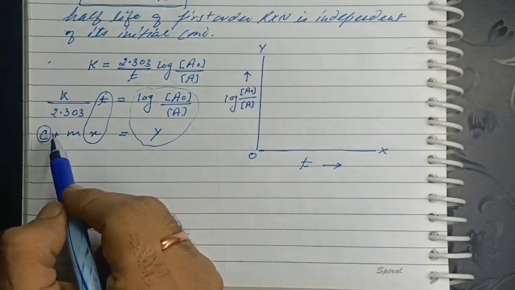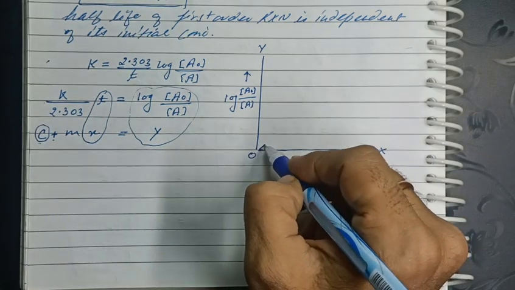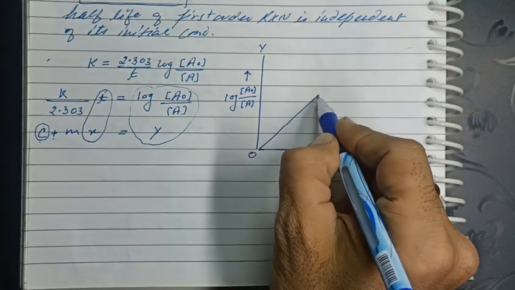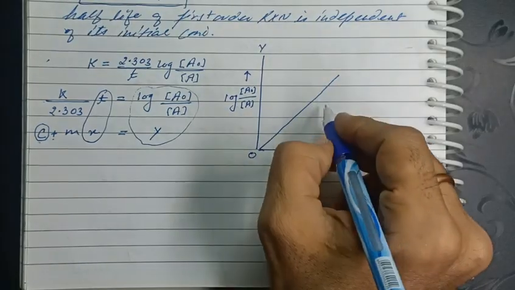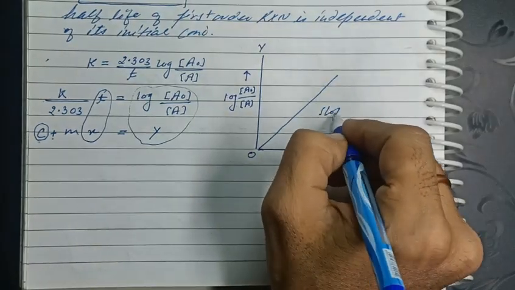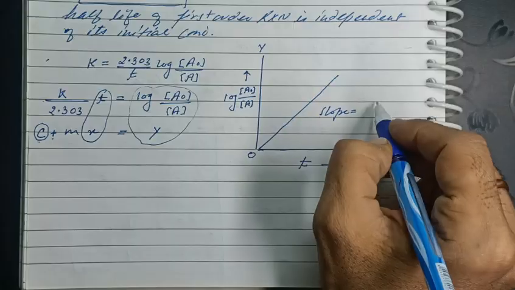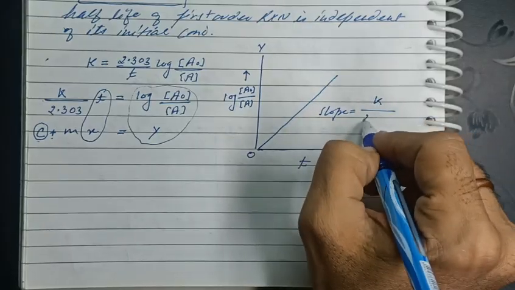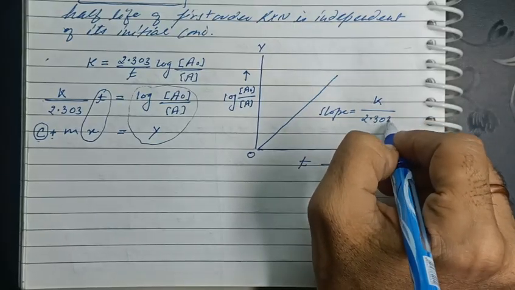And slope m, value of m is positive, straight line, and slope is positive, so the line goes upwards. Slope is equal to k upon 2.303.